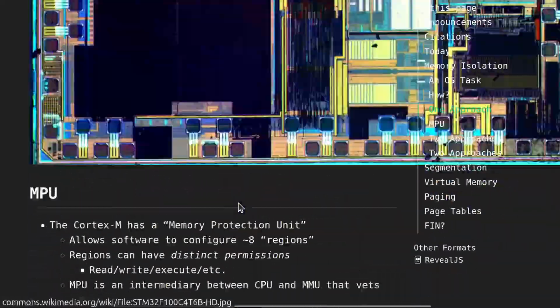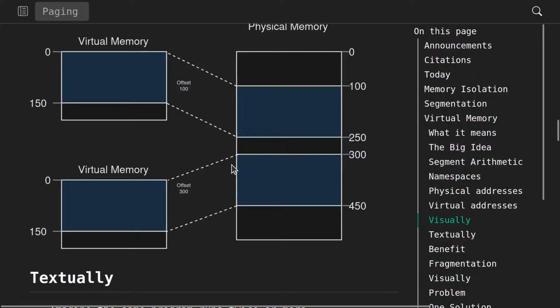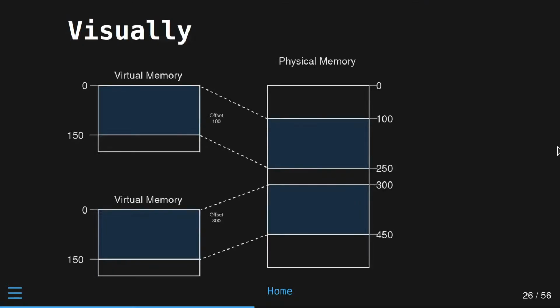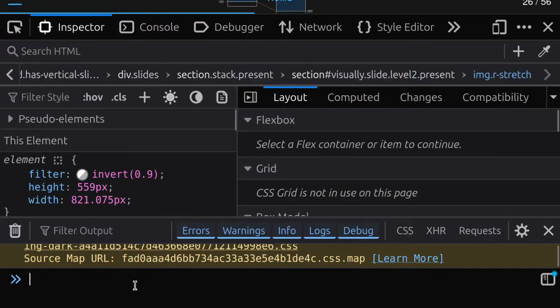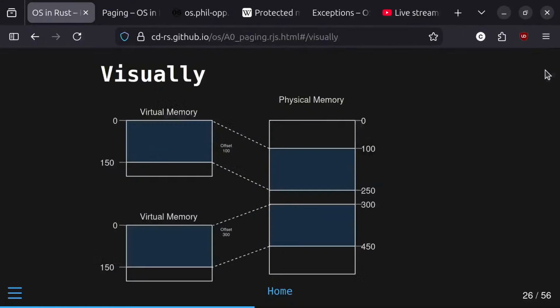Here we have it again. So what I actually did here: this is an HTML element where I did a direct image embed, and I applied a 0.9 inversion filter because I found out that my slide background is not actually black.